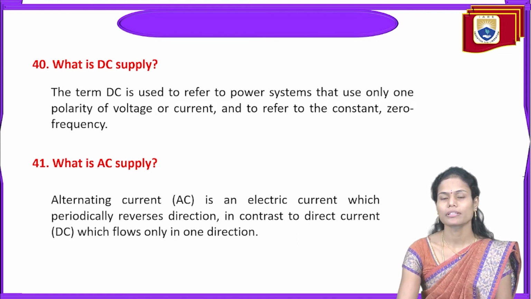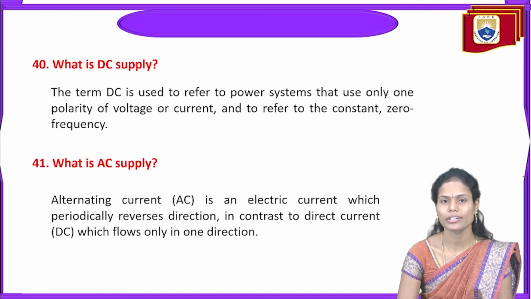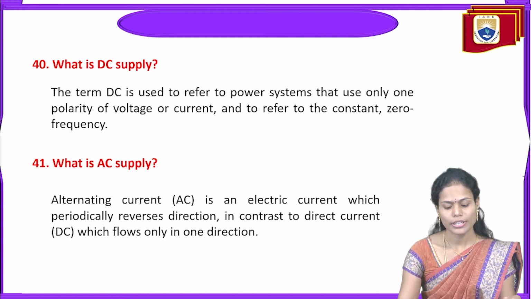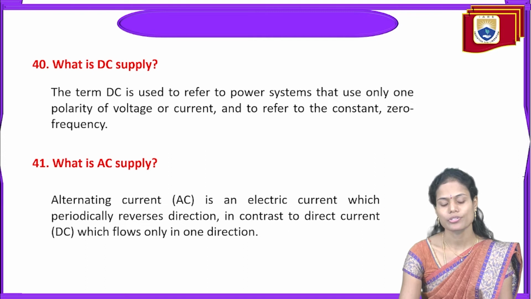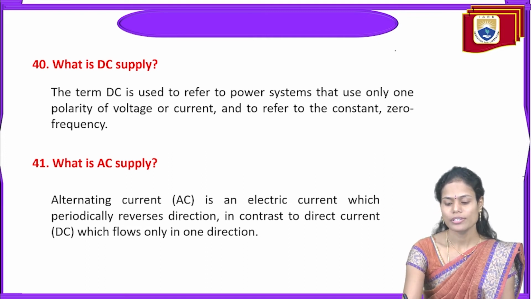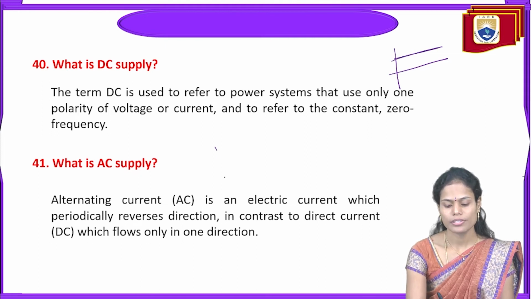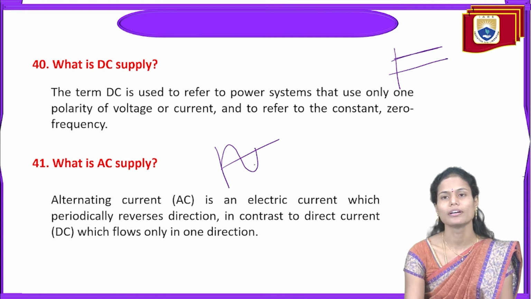AC supply is nothing but alternating current, an electric current which periodically reverses direction, in contrast to direct current which flows in only one direction. So the DC level we will indicate like this. The AC supply we will indicate in both directions, in the positive direction as well as in the negative direction.